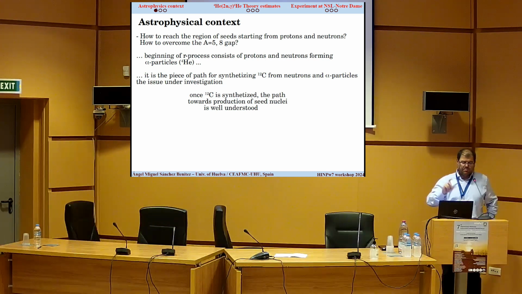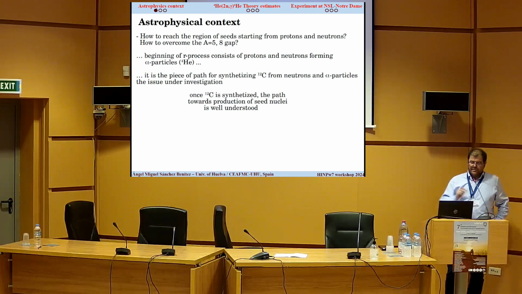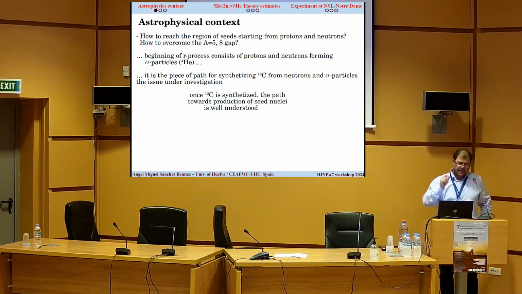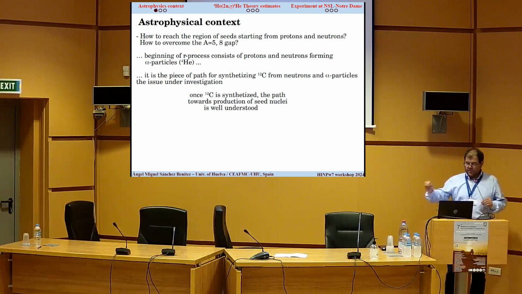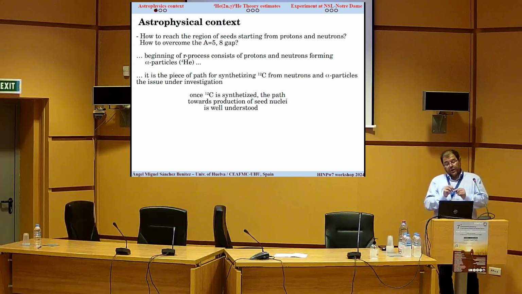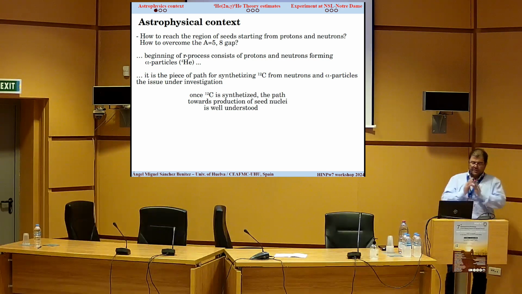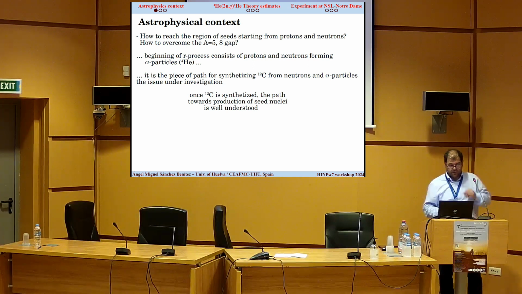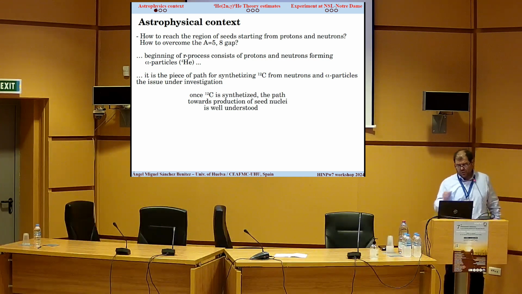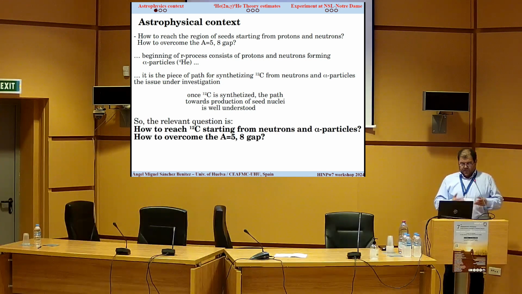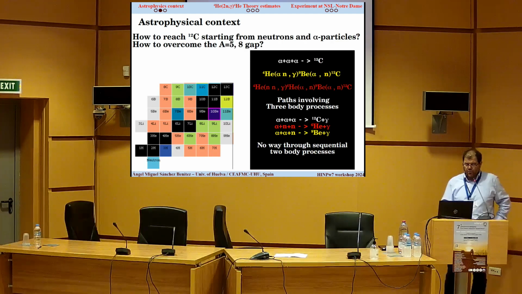This is the path for synthesizing carbon-12, because carbon-12 is the starting point of producing the seeds. So how do we reach carbon-12 from alpha particles and neutrons? Once we have carbon-12, the path to A equals 60 nuclei is understood.